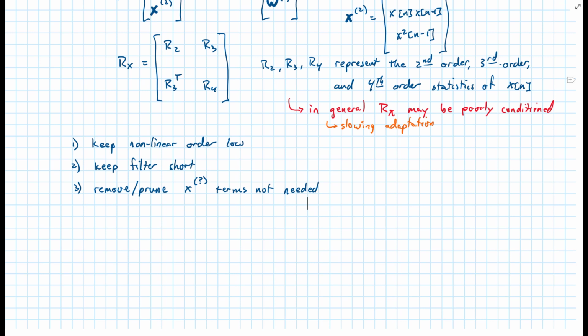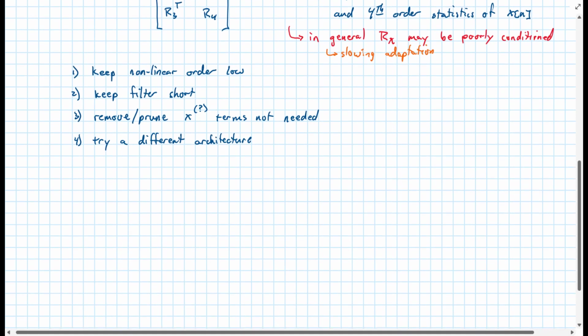Just getting rid of all the delayed nonlinear terms isn't going to help directly, because those nonlinear terms have gone through a linear convolution, so they're spread all over the place. But we'll come up with an architecture right now, which is this. There are several variations, so I'm just going to put this up as an example.